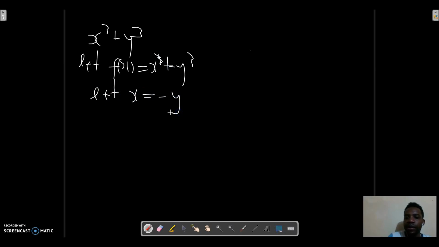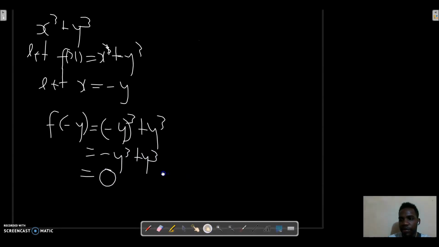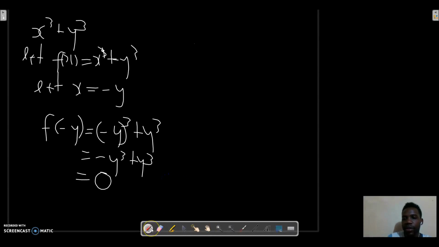What I would end up with is f of negative y equal to negative y cubed plus y cubed. The trick to this is that when you raise something negative to an odd power, it is still going to be negative. So you're going to have negative y cubed plus y cubed, which turns out to be 0. Now, what would the factor be? Since we know that x equals negative y is a root and it works, my factor would be x plus y.